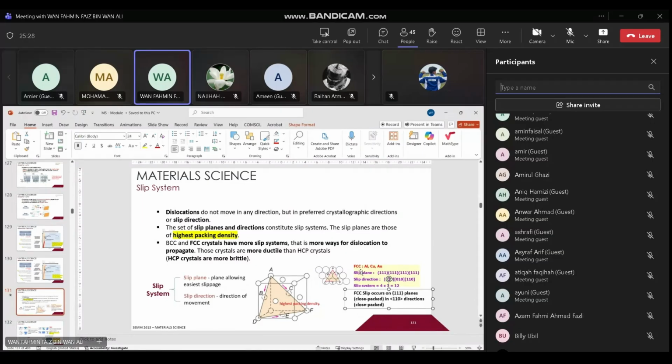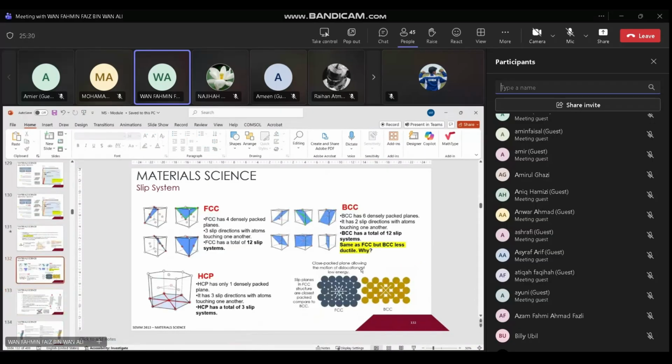So that's the other thing. Let's have a look at the previous topics as a quick recap, topic 3 and also topic 2. If you look at FCC material, they have 4 densest planes and 3 slip directions sitting on the densest atomic positions.